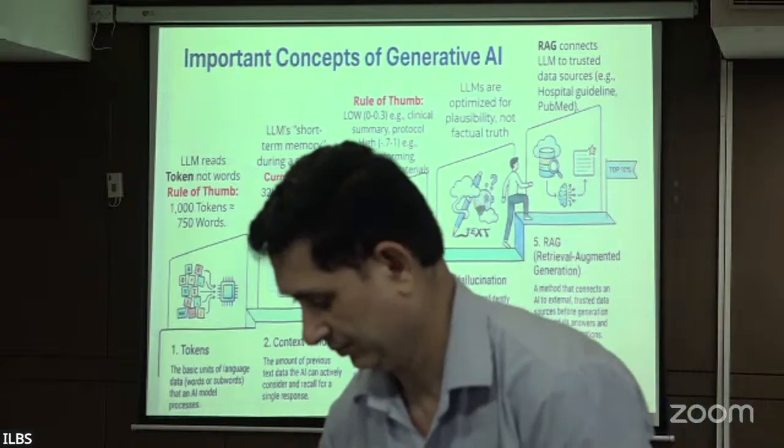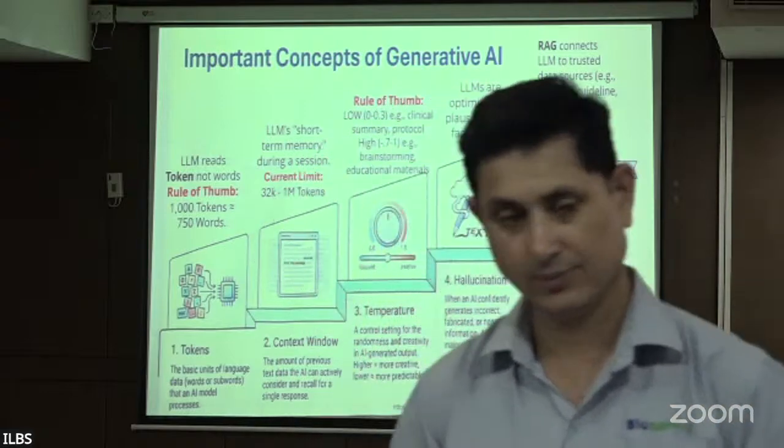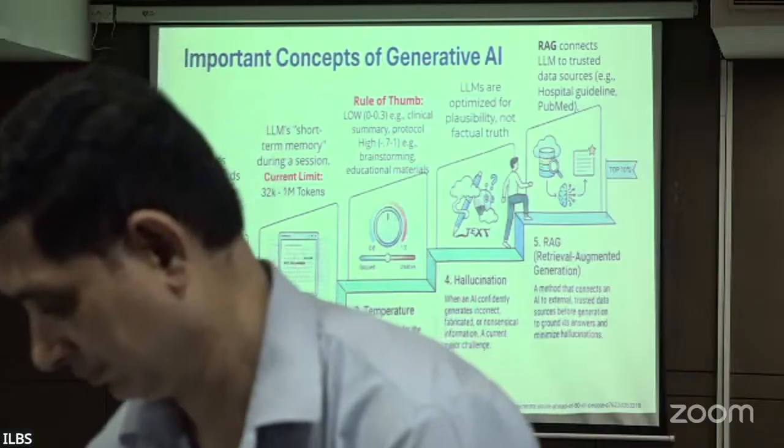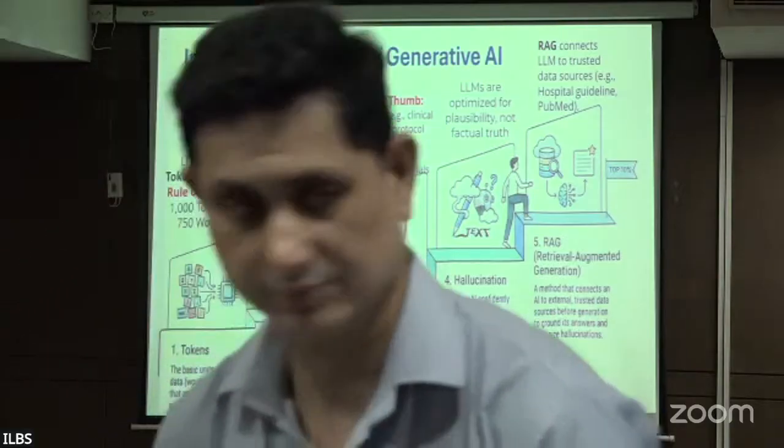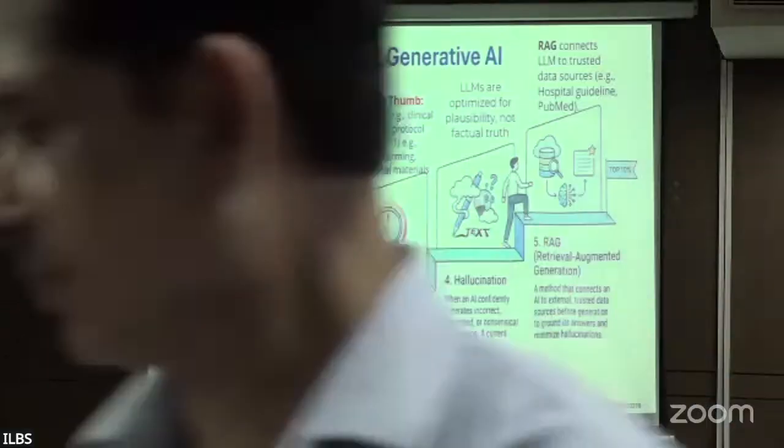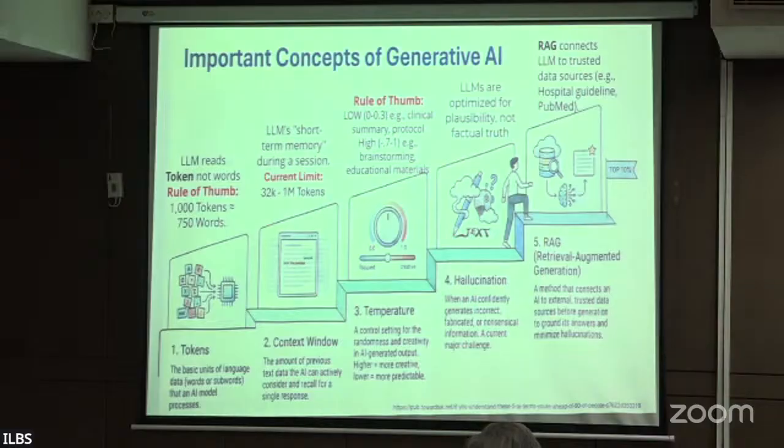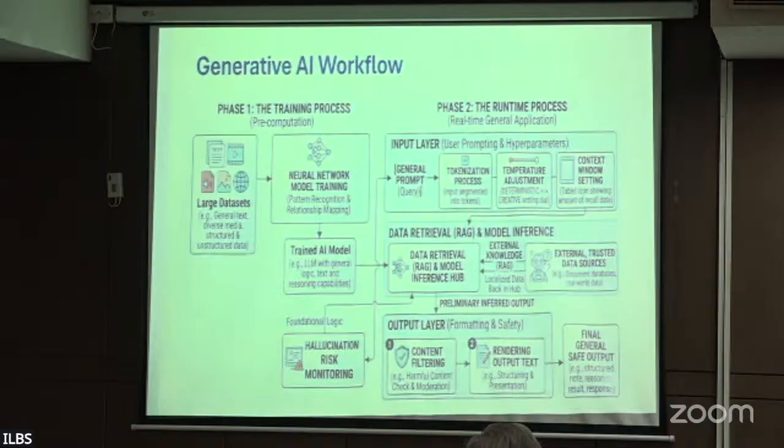RAG means searching a PubMed index, publications, documentation from some government organization, or some standard protocol that the LLM can refer to and give you an answer. You can direct the LLM to refer to this standard information and not hallucinate. So this type of support is also there.